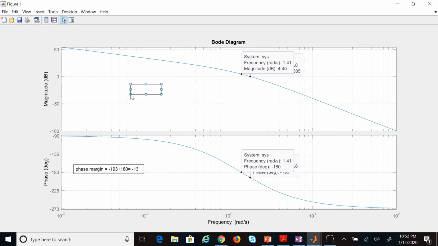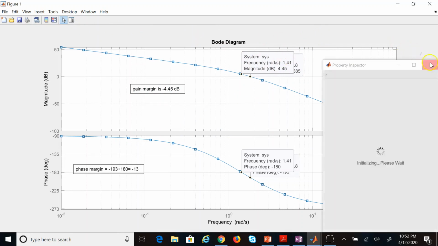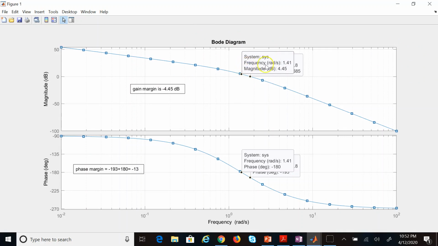So the gain margin is negative 4.45 decibel, and so the gain margin is also negative. That's another indication that this system is not stable. So yes, we could make the steady state error go down, but this system is not stable. So we have to do a lot more to make this system work.